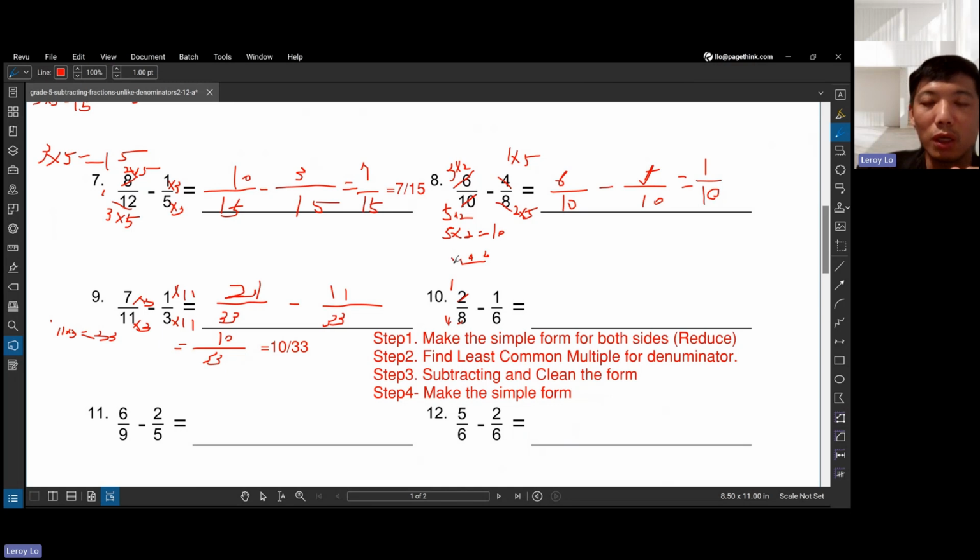So we notice that we can divide it by common factor 2. So here's the common factor, we can divide it. So we got 2 and 3. So now I know I use 2 times 2 times 3, I can get the least common multiple, 2 times 2 times 3, which gives you 12.